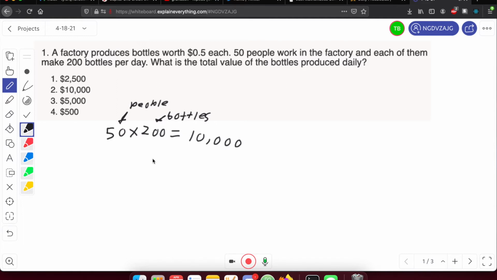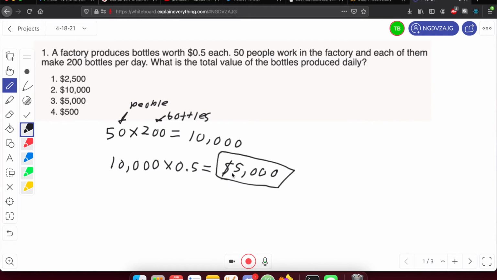Now, we want to find the total value of this amount, so we will multiply 10,000 by the value of each bottle, and this will give us $5,000. So $5,000 is the total amount produced daily in bottle value.